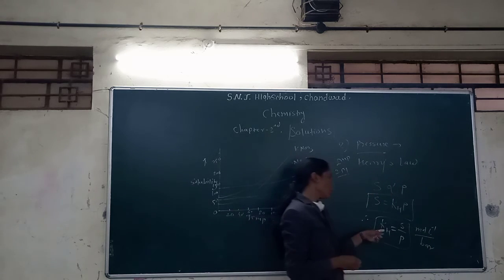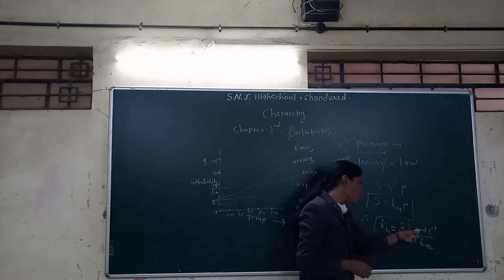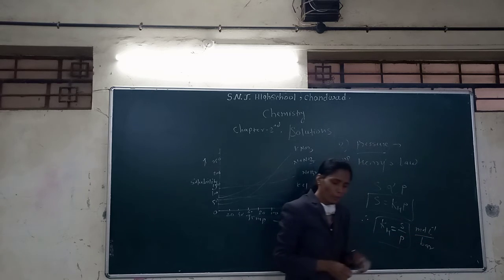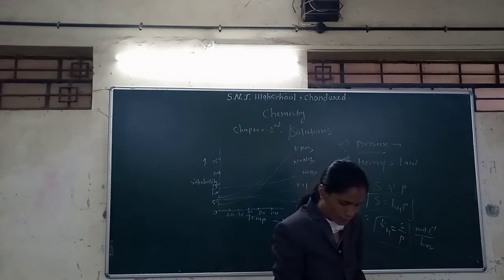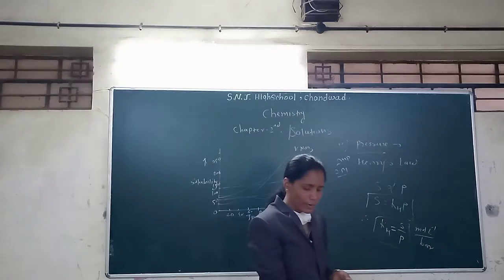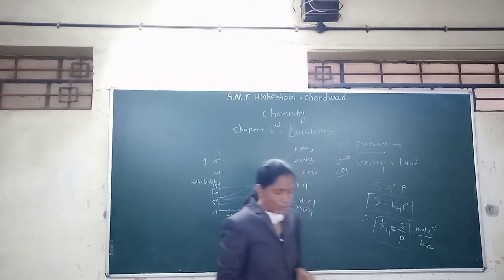Therefore, the unit of the proportionality constant is mole per liter per bar.